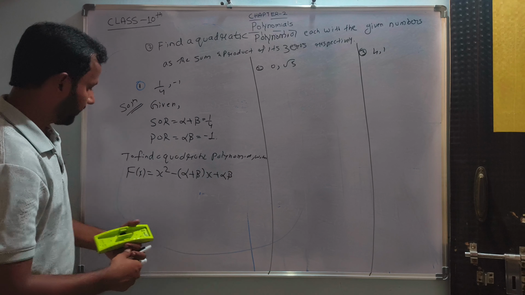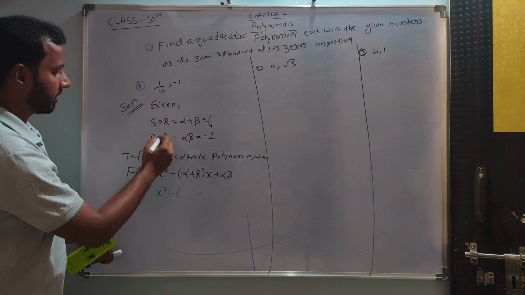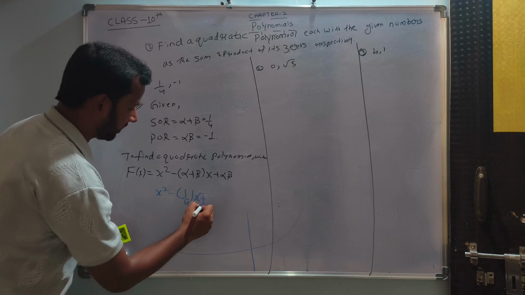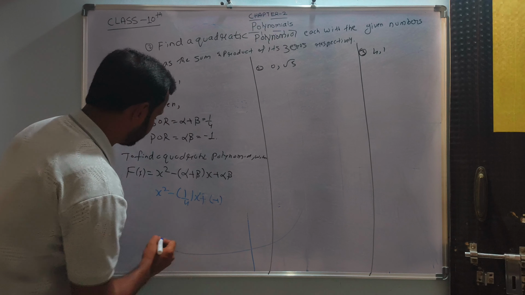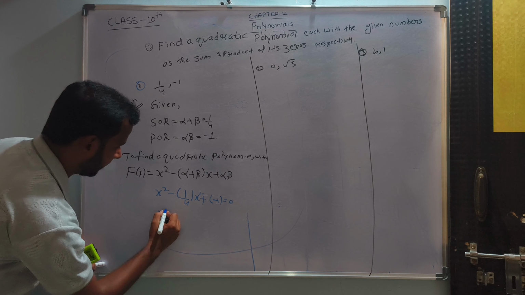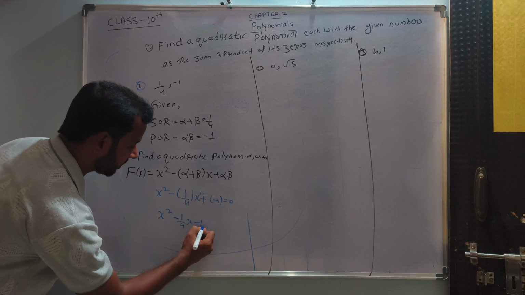Now I will substitute: x square as it is, minus the alpha plus beta value, 1 by 4, into x, plus the alpha beta value, minus 1, equal to 0. So x square minus 1 by 4 of x plus into minus is minus 1, equal to 0.